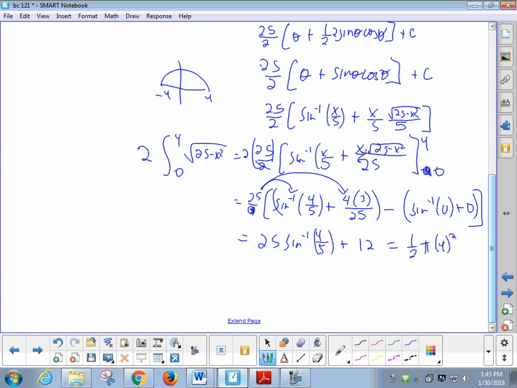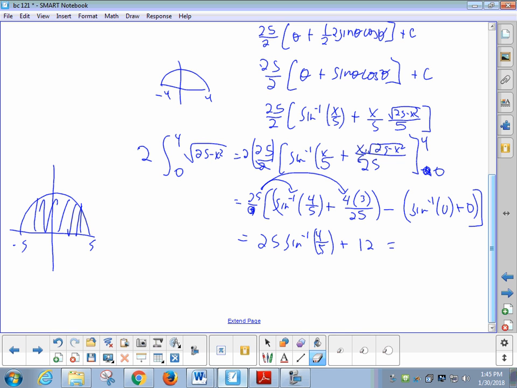Because it's equal to the area of this. Oh no, sorry, I lied to you. The geometry is the circle is from -5 to 5, but the area is only from -4 to 4. I take that back.